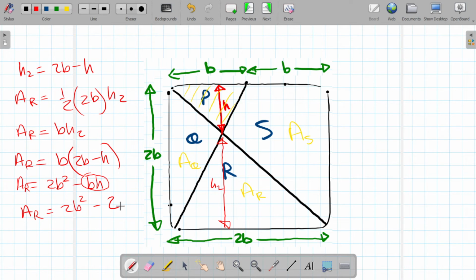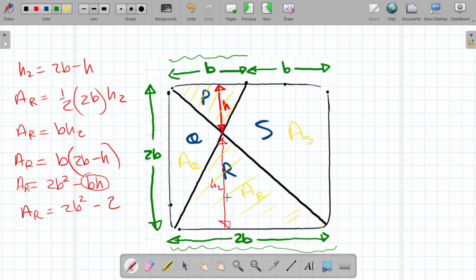So how does this help us work out an actual numerical value for area R? Well, there's something you may notice. This base, and we'll highlight it again in green, this base along here is twice this base up here.